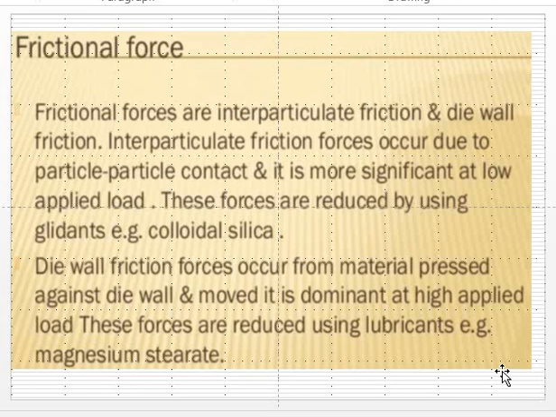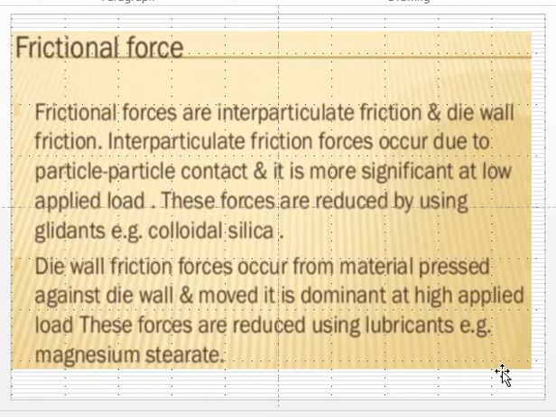Then die wall friction force. Die wall friction force occurs from the material pressed against the die wall, because when we press your material it tries to push toward the die cavity. It causes friction with the die cavity wall, and it is dominant at high applied load. These forces are reduced using lubricants such as magnesium stearate.